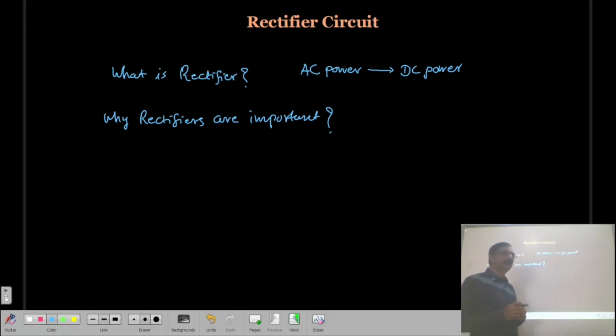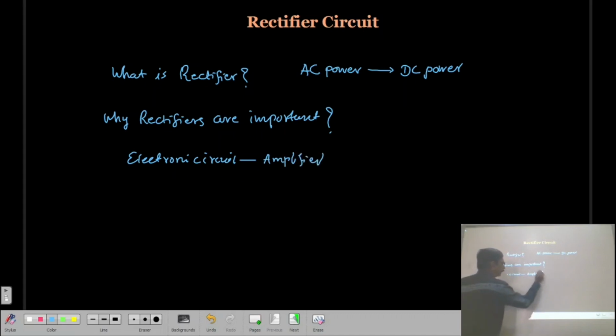Basically, if we see any electronic circuit, like an amplifier circuit or an oscillator circuit, or, I think you already learned digital electronics, in that case we have different types of gates.